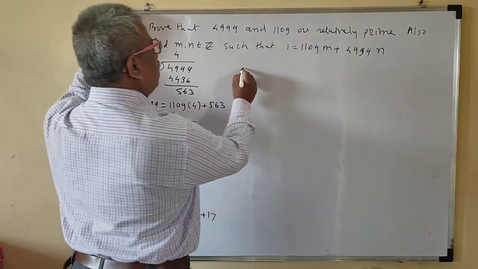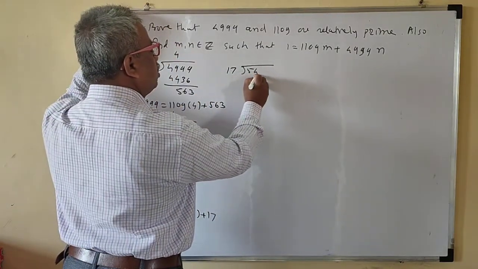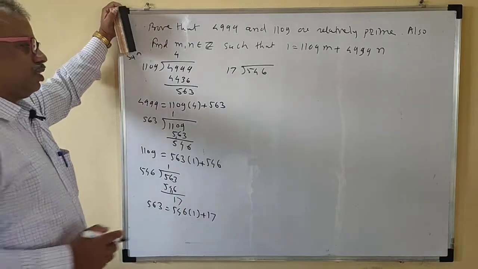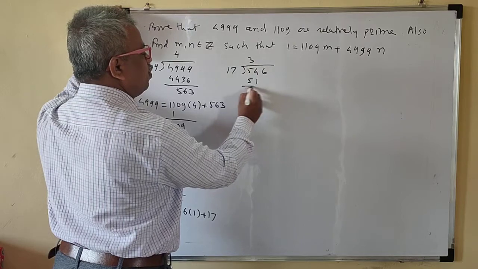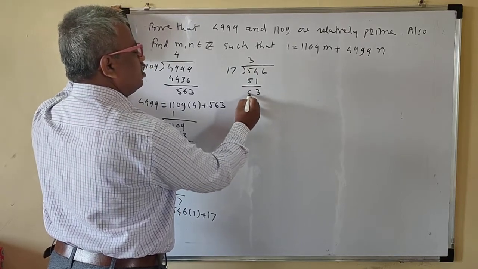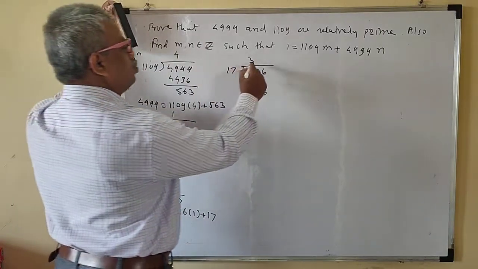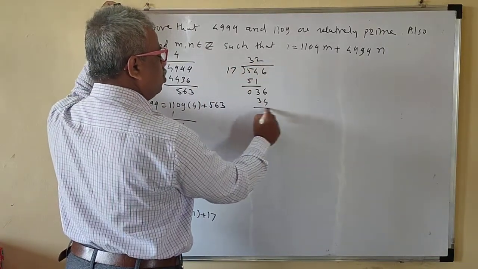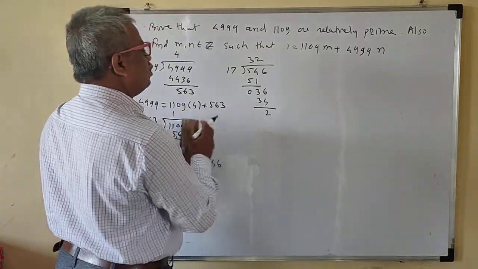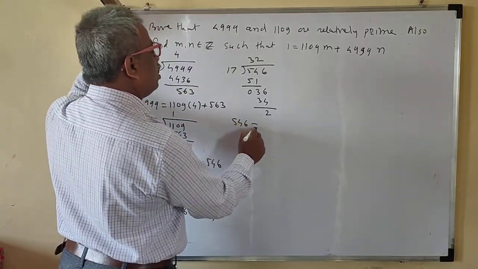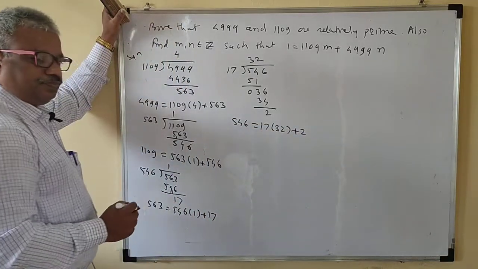Next we will do, 17 will be here, then 546. First we will take the 54. So this is 3, so this is 51. So this is 3, this is 0. Then take this, so this is 2 now. So 34, so this is now 2. So we write 546 is equal to 17 into 32 plus 2.